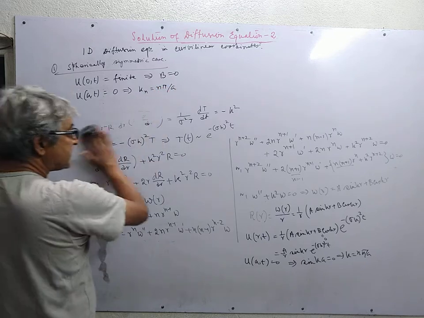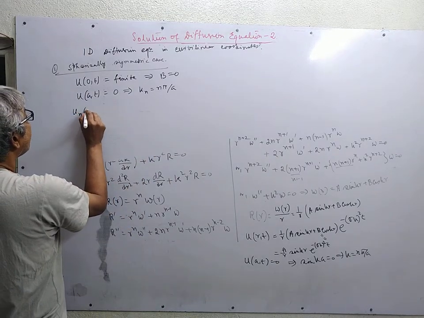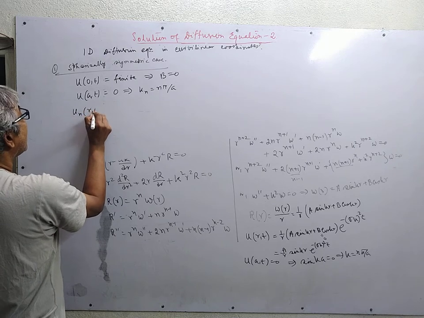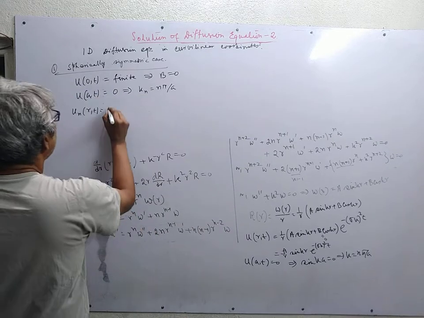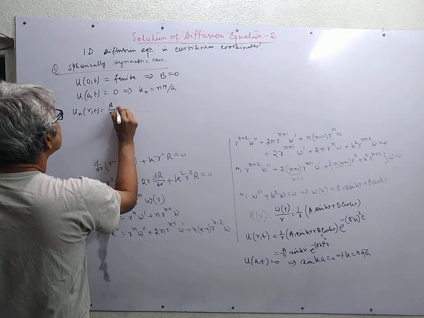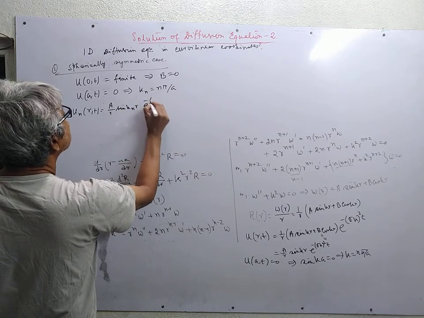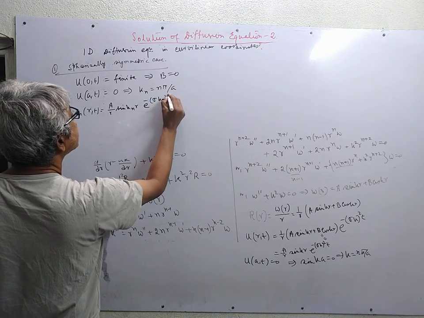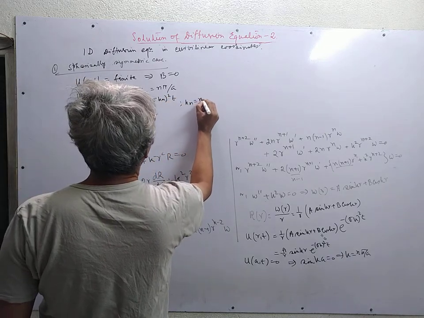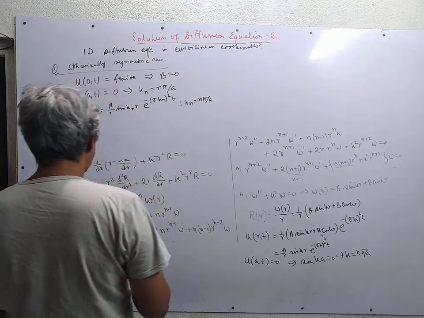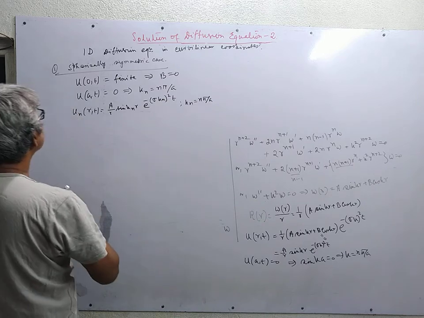So we get specific solution for n, u n of r,t. u n of r,t is this part, a by r sine of k n r e to the power minus sigma k n square t, where k n is n pi by a, and the most general solution is the superposition of all these solutions.